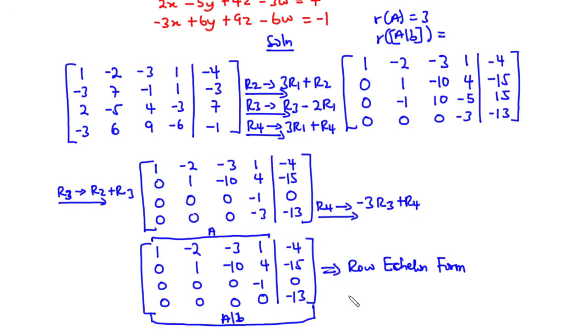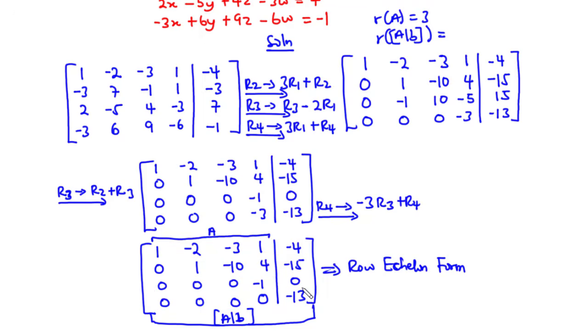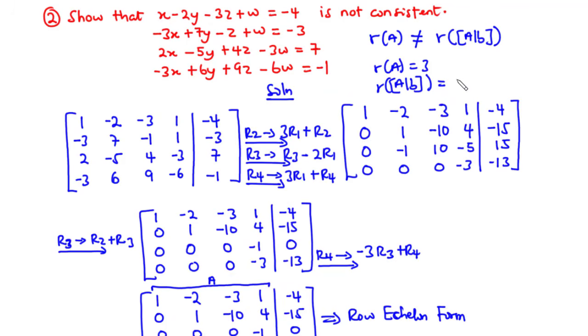Now let's find the rank of the augmented matrix. So we have this to be the first non-zero row, second non-zero row, third non-zero row, and then fourth non-zero row, which means that the rank of the augmented matrix is equal to 4.